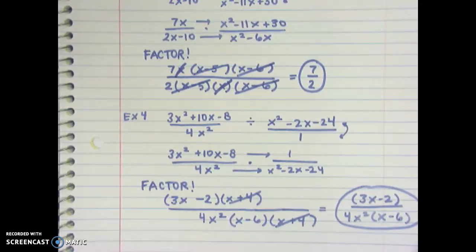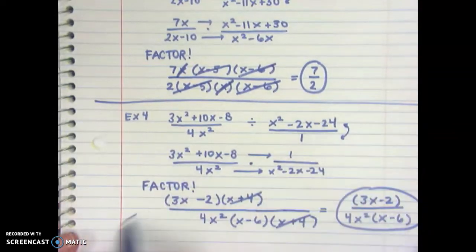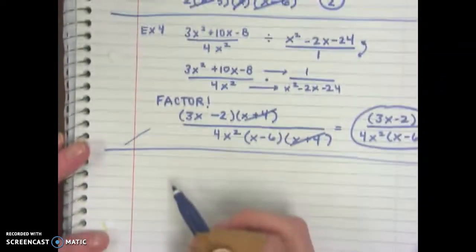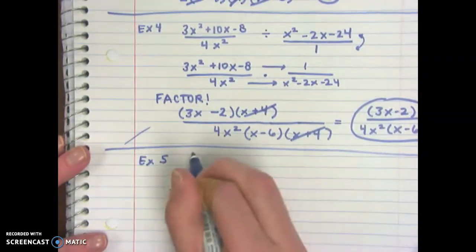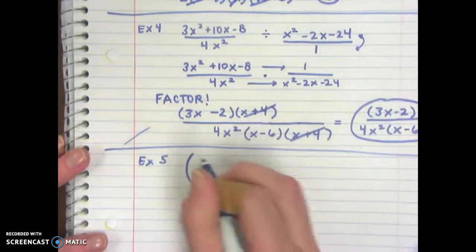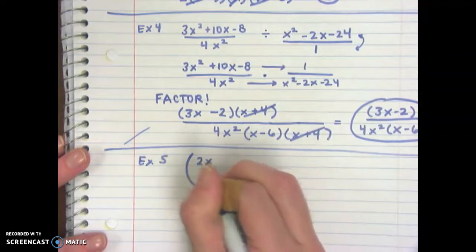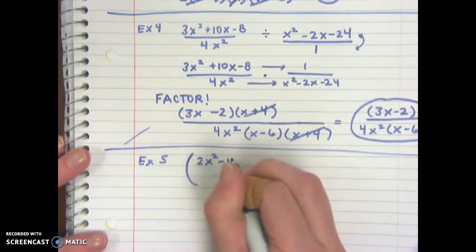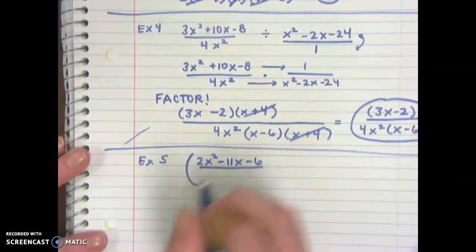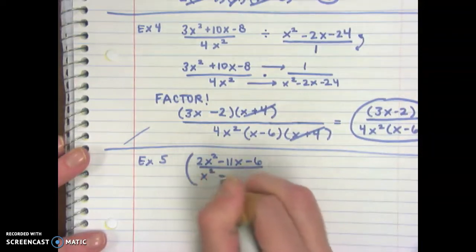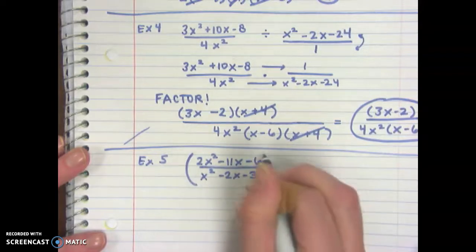And I have one more dividing example. Example 5. Sometimes you can see division written in a different way. 2x squared minus 11x minus 6 over x squared minus 2x minus 3.